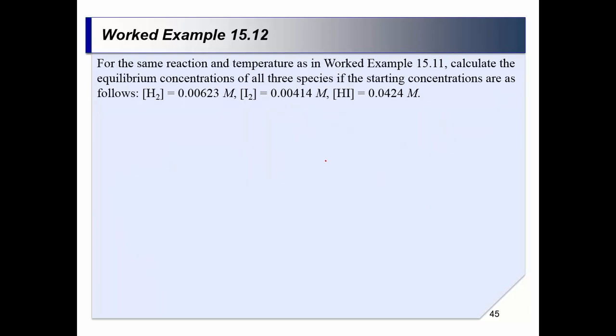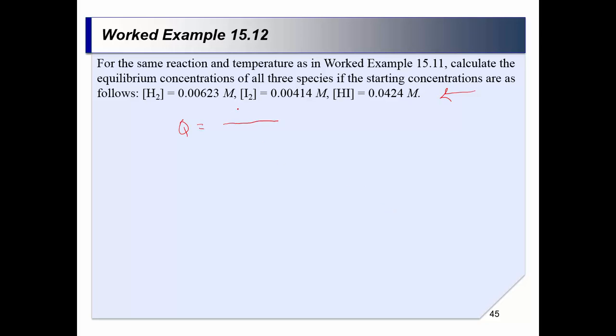If we use the same reaction we just worked with, what are the equilibrium concentrations if we start with these values? Well, the first thing I need to do is figure out what my Q is. Where are we in the equilibrium? Are we going to be adding products or are we going to be adding reactants when we start changing?